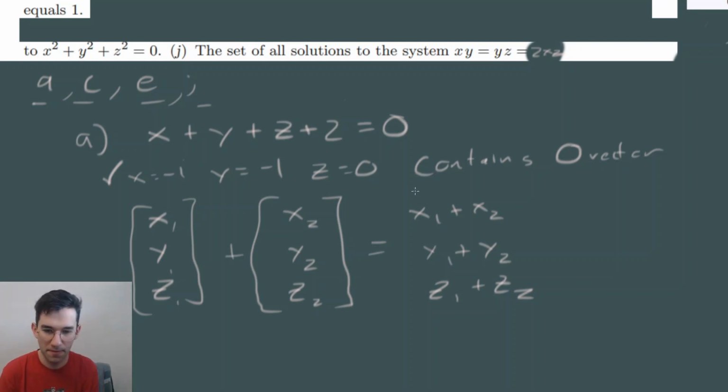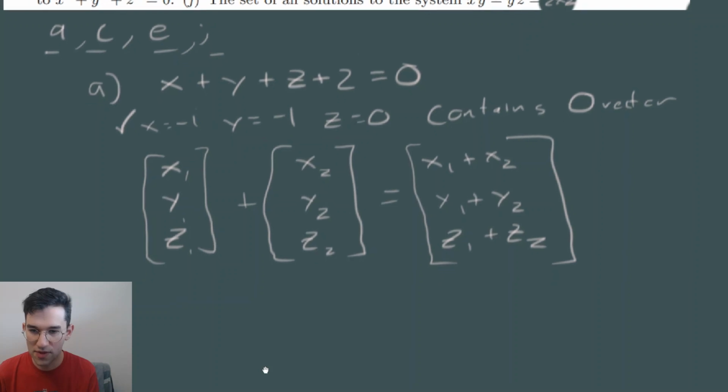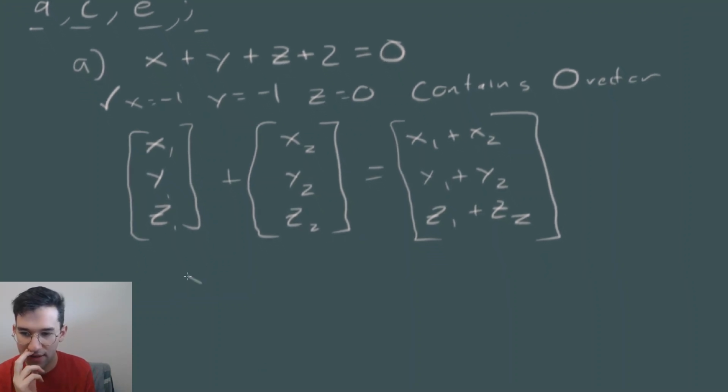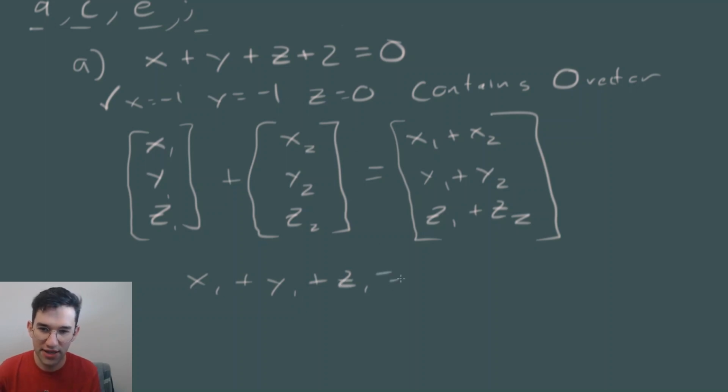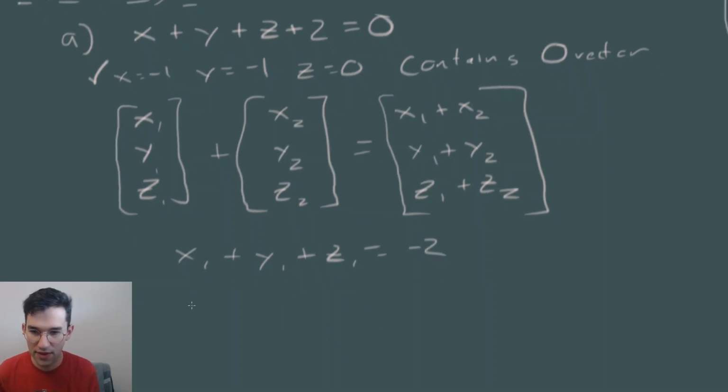If we add them all together, is this vector still in the subspace? So x1 plus y1 plus z1, according to our equation, equals -2, and x2 plus y2 plus z2 equals -2.